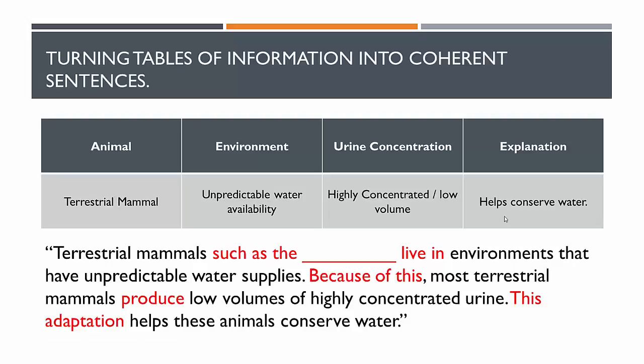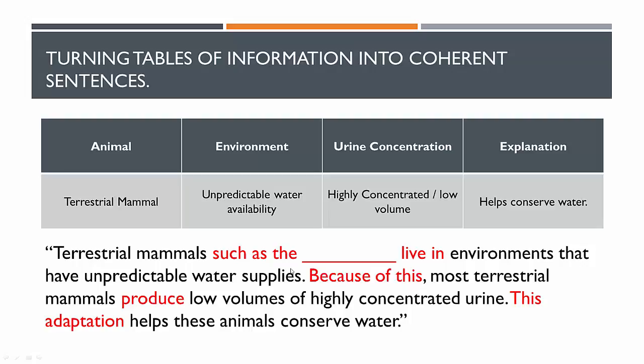Alright, so using the first one of the terrestrial mammals, have a look at the sentence that I've constructed here. We've got terrestrial mammals, such as, because you did some research on it, you pick out the quokka, live in environments that have unpredictable water supplies. So we grab that from our table here. Now I've used this little bit of language here. This is causative language.